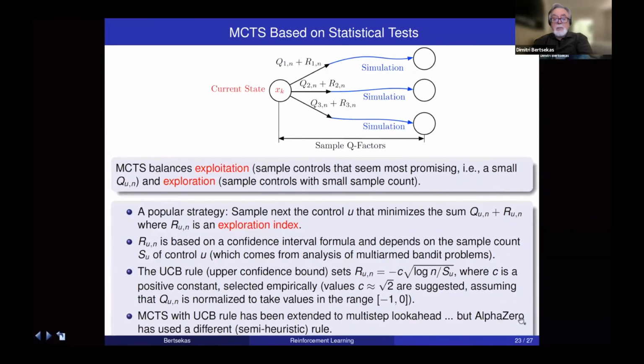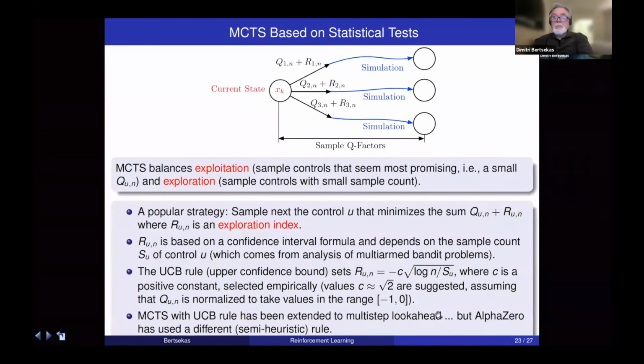However, AlphaZero uses Monte Carlo Tree Search and does not use any of these. It uses something different, again based on heuristics, semi-heuristics, some things that make sense, some that are kind of voodoo, mysterious. I would trust, of course, the AlphaZero rule very much because of its apparent success.